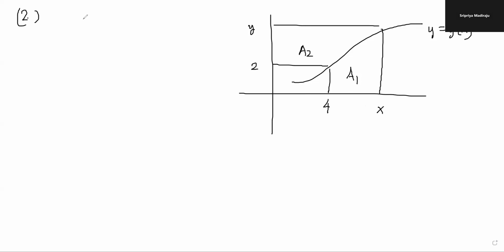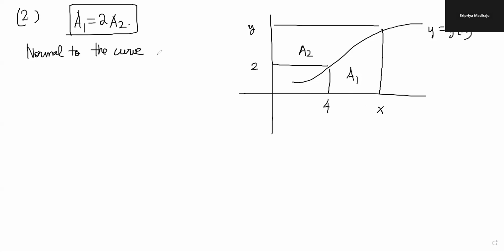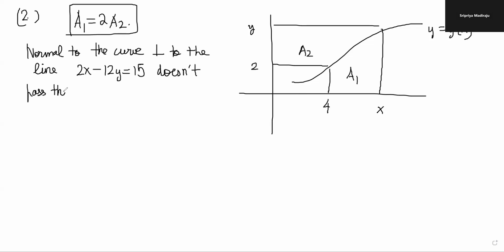The area A1 is twice of A2. Then the normal to the curve, perpendicular to the line 2x minus 12y equals 15, does not pass through which point? Doesn't pass through which point?